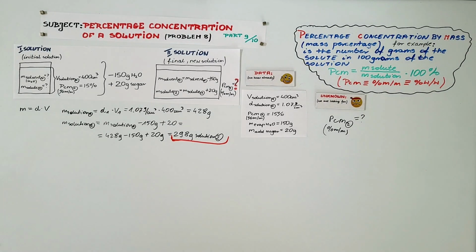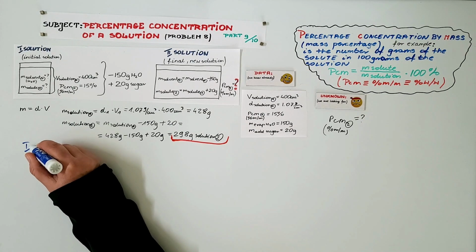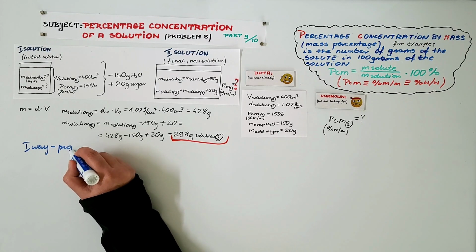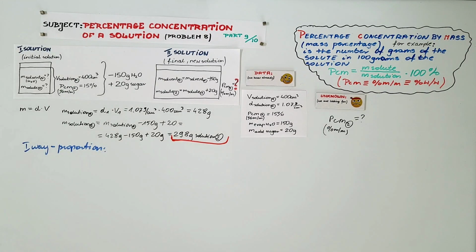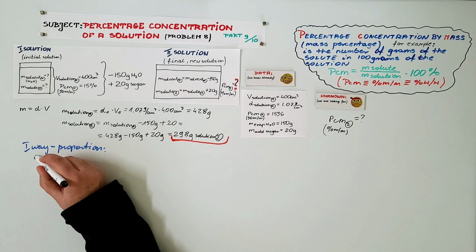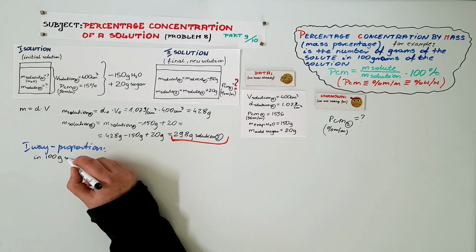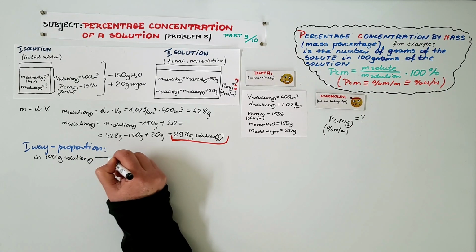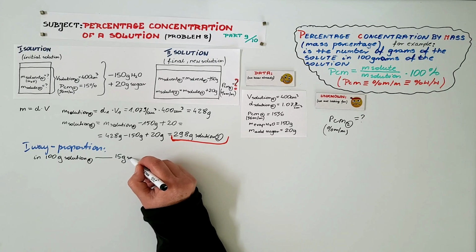Let's solve this problem in two ways, on the base of proportion and on the base of formula. First way, proportion. So in 100 grams of solution 1, there is 15 grams of solute 1.